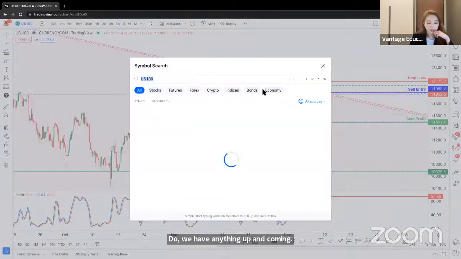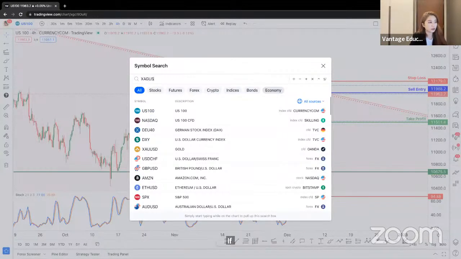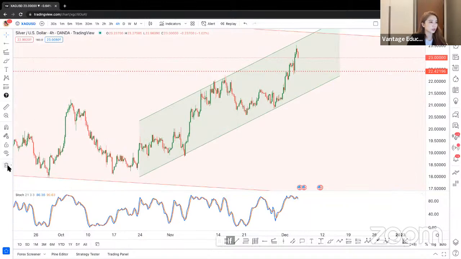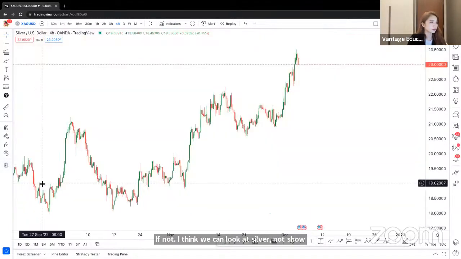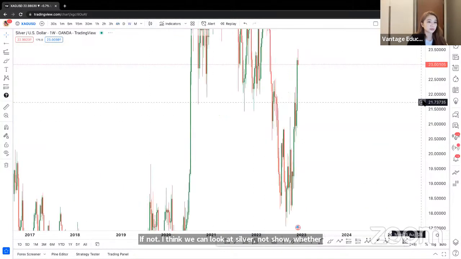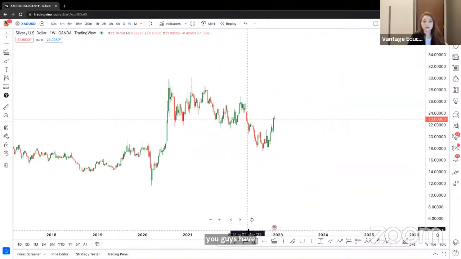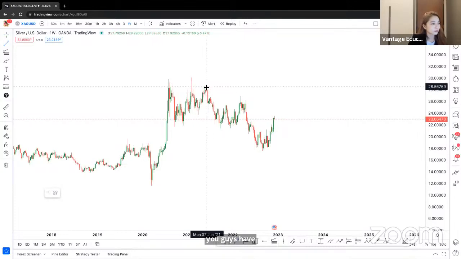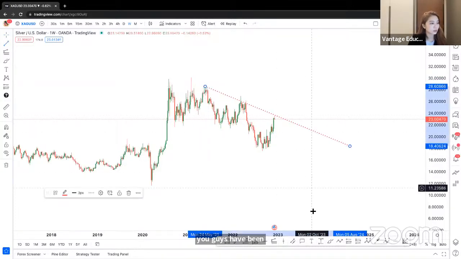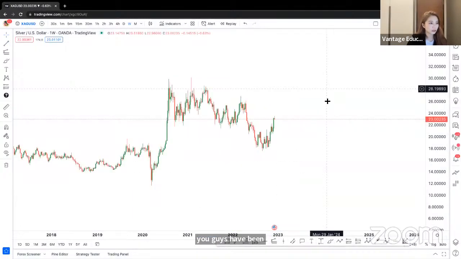If not, I think we can look at silver. Not sure whether you guys are a fan of silver. Looking at a downward situation.